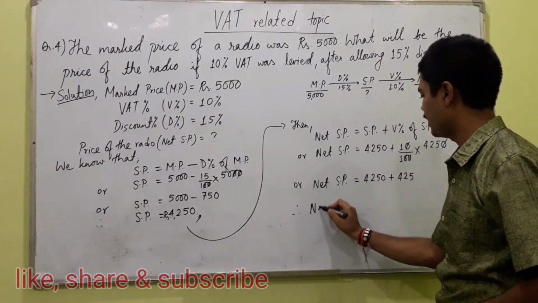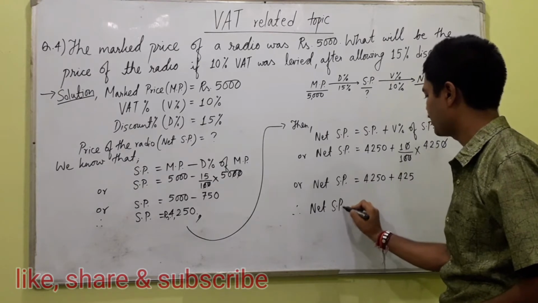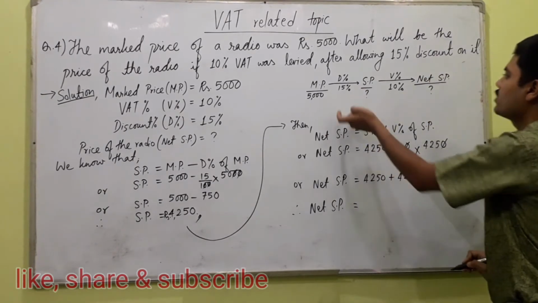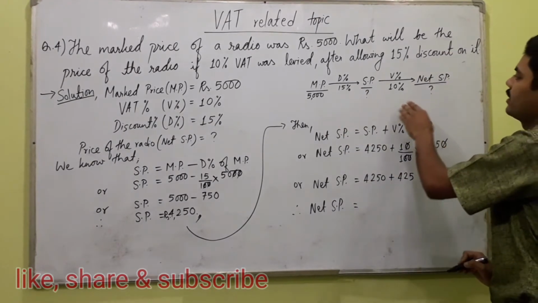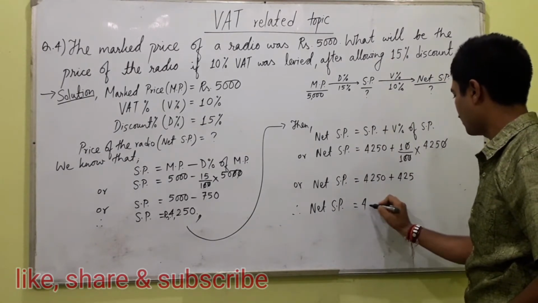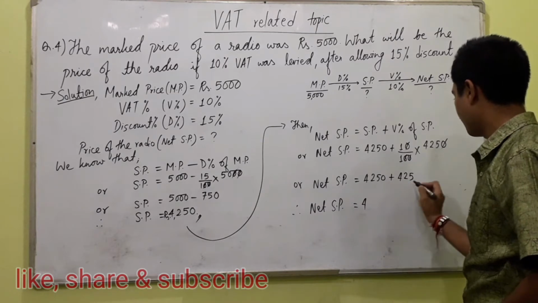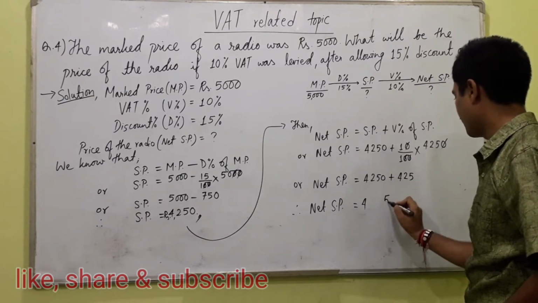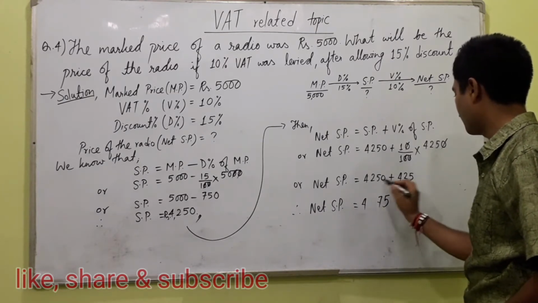Therefore the final net selling price, or the price after allowing discount and after levying VAT on the mark price, is 4,505. 5 plus 2 is 7, 4 plus 2 is 6, 4,675 rupees.